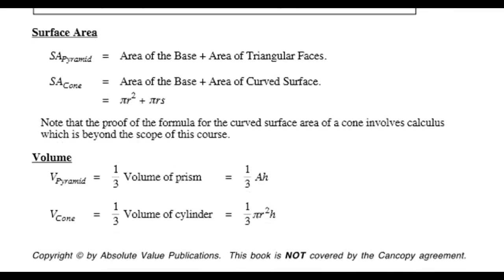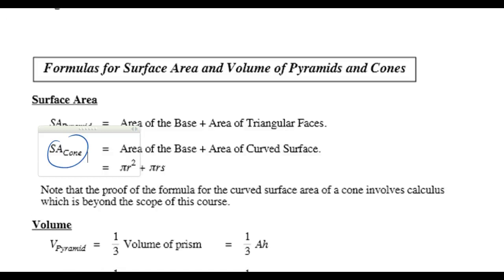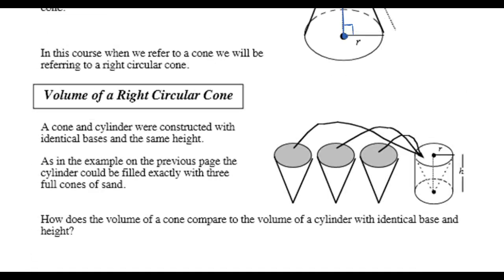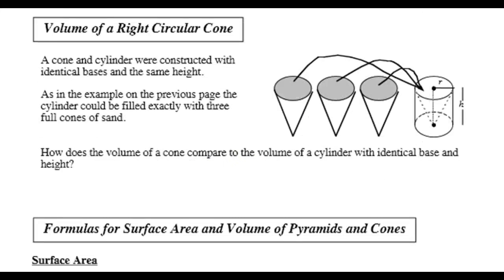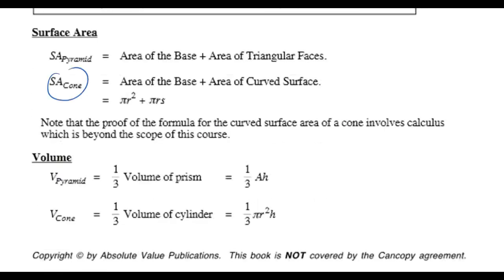Okay, the surface area of the cone, on the other hand, is much more difficult to prove, and clearly, if you cut this cone up, it's going to be some funny shape that really has curved edges, and we're not going to be able to determine the formula ourselves. So that's why it's given to us here.